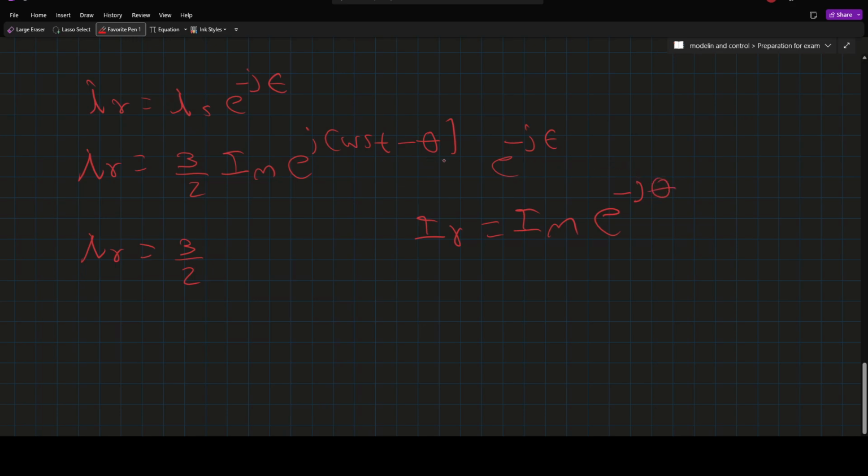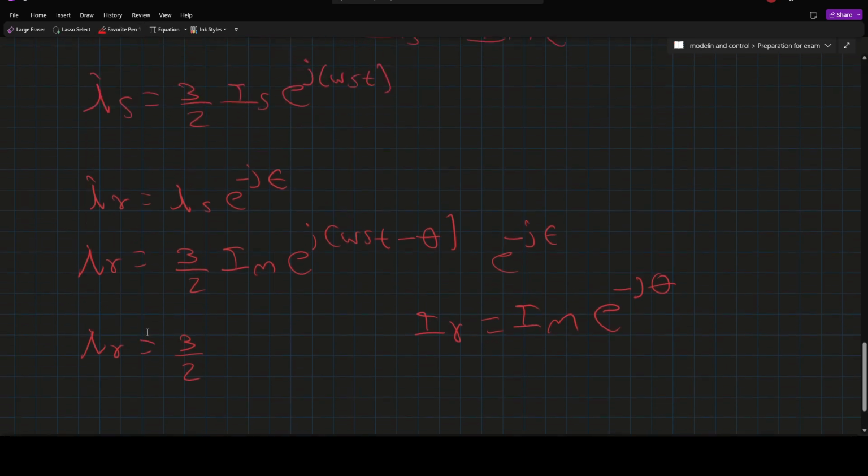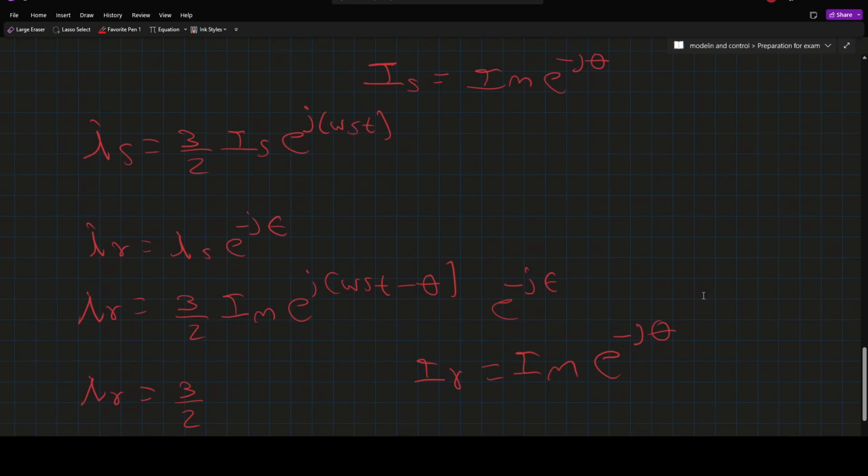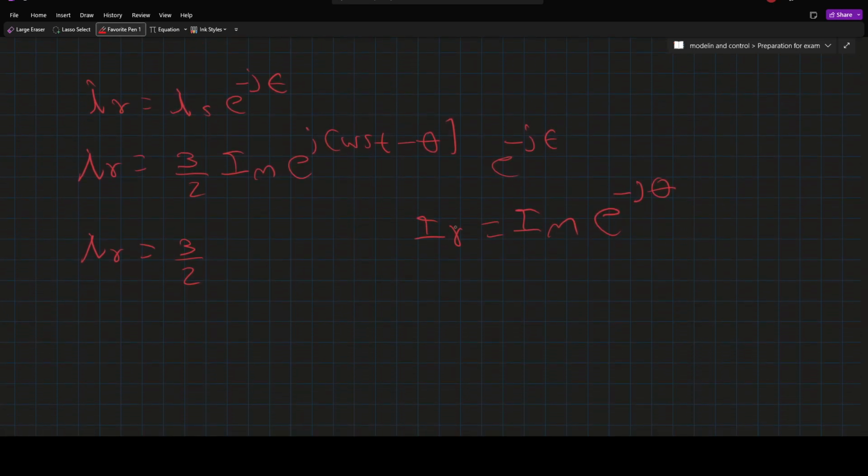Okay, so here we have omega st minus theta minus j epsilon. So if we apply the same identity that we did here, we can separate it. So we are going to have this here.